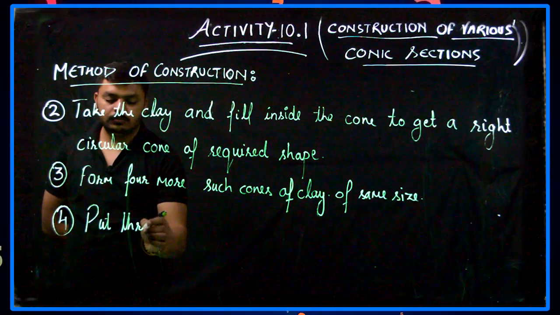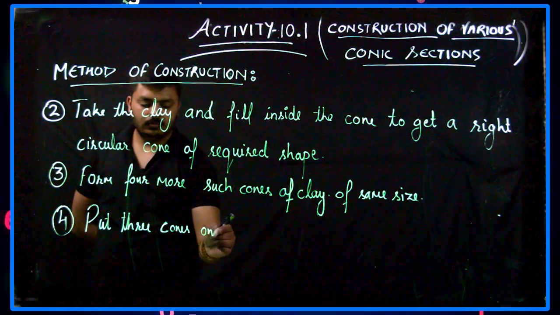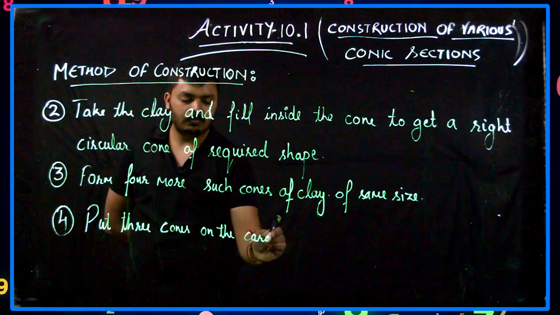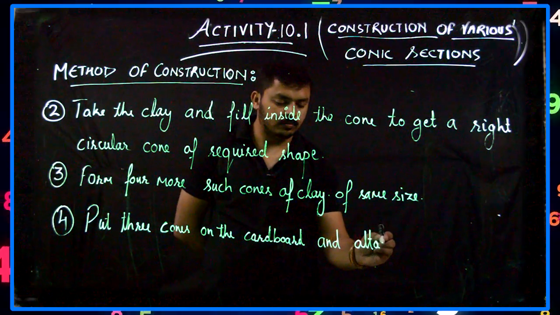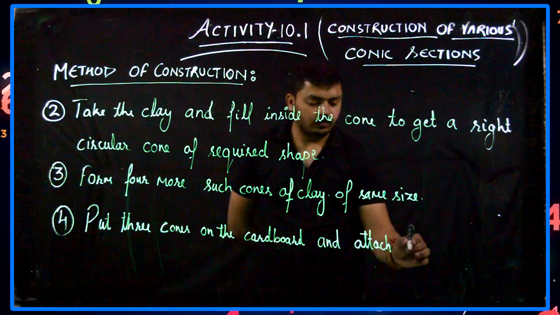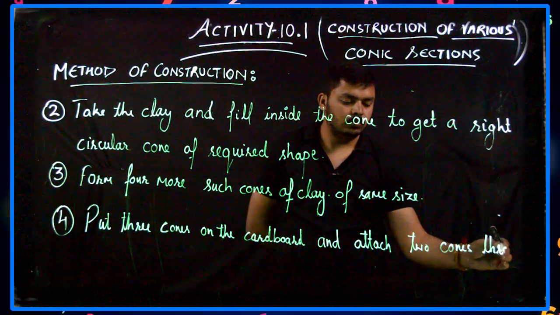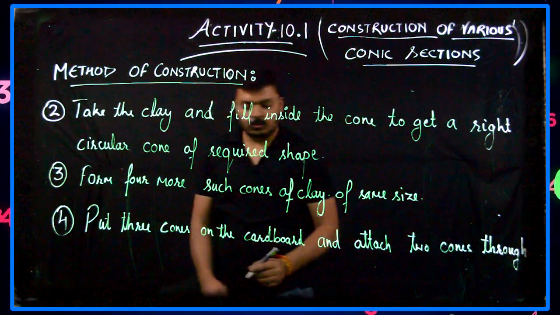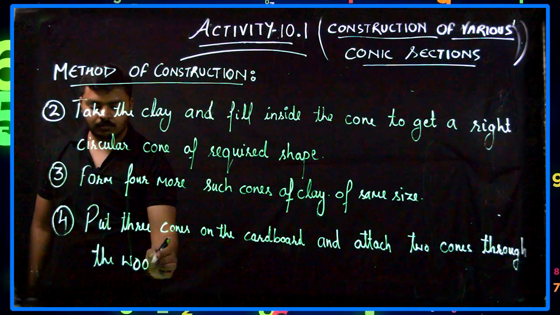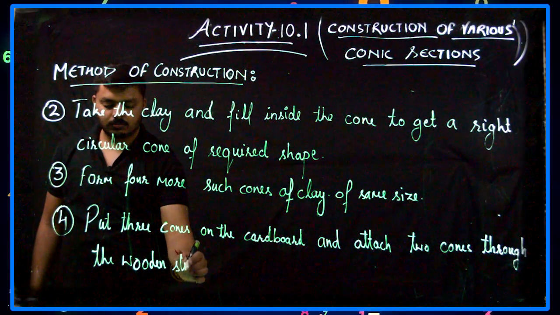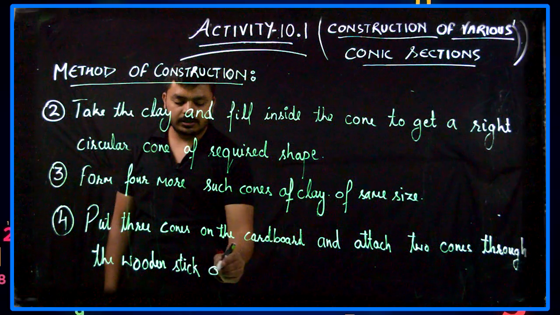Put 3 cones on the cardboard and attach 2 cones through the wooden stick or thin straight rod.